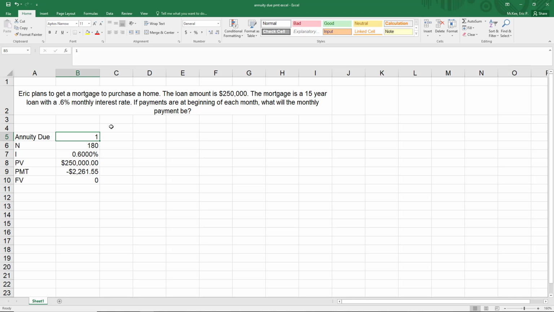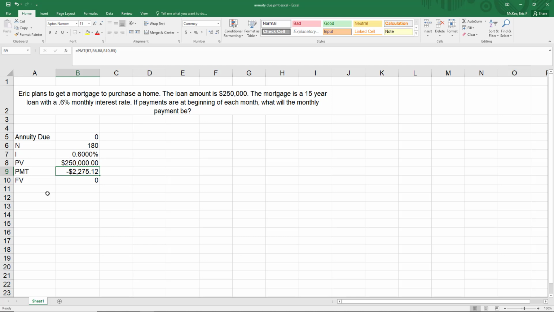Well, I just go to annuity due, change 1 to 0, and now I'm paying a slightly different payment, $2,275, because my timing is a little bit different. And I can do this for any of the parameters, or multiple parameters, and this allows me to take this file and use it to find the answer for any annuity question.